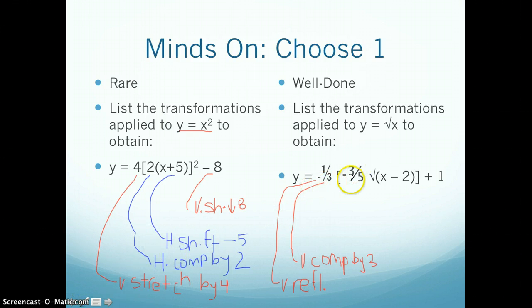Okay, so the next thing, reading left to right, is this negative on the inside, and that negative is a horizontal reflection. So H reflection is all I'm going to write. Oh, that's supposed to be RE, sorry. Reflection, I'll redo that. Horizontal reflection. And that's by a factor of 5/3. I know that's confusing.